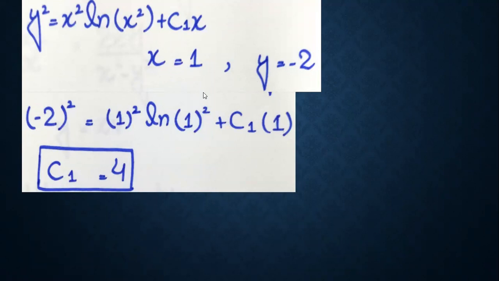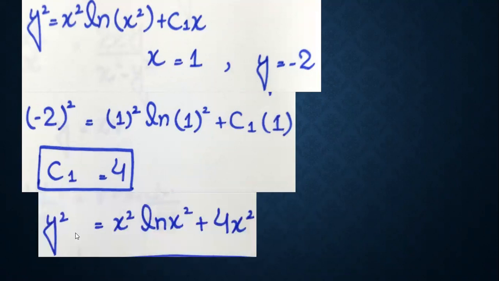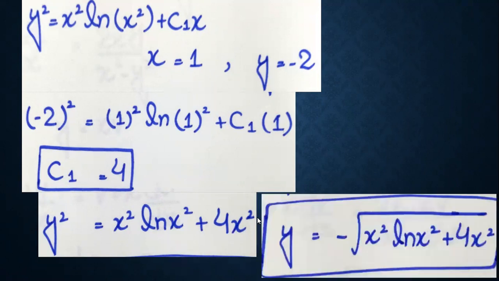Since natural log of 1 is 0, this term cancels out, so minus 2 squared is 4, so c1 is 4. Put this value of the constant back, and you will find y square is equal to x square natural log of x square plus 4x square. To simplify and find y, take the square root on both sides, and you will obtain the solution.